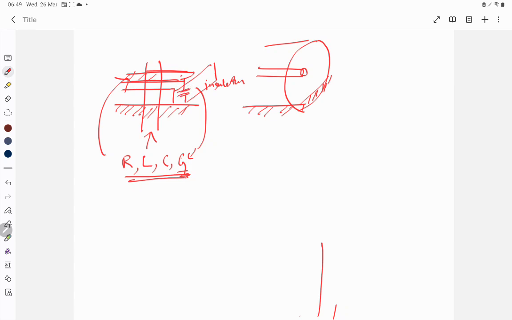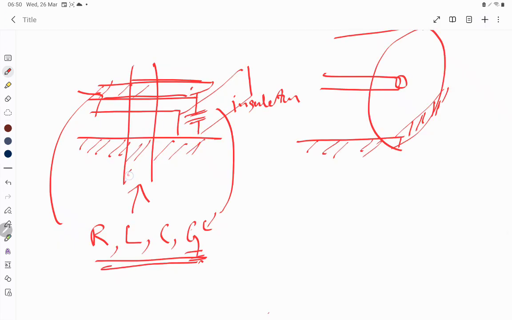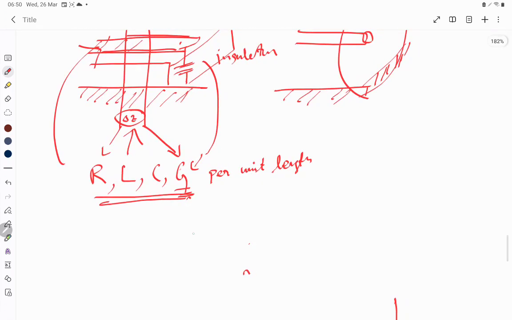The capacitance is in between the two conductors. If I take an infinitesimally small length delta Z, then we can model this using lumped equivalents of this RLCG, and all these units are per unit length. That will give us our transmission line model.